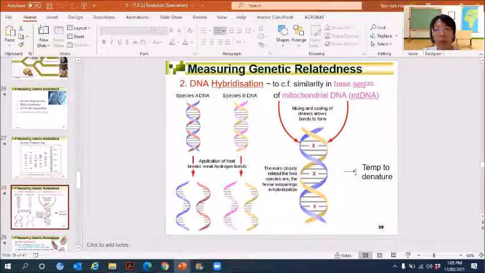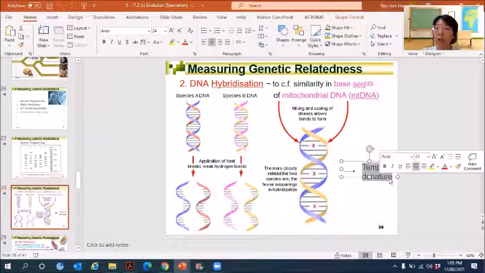And the next step is we do a temperature denaturation. That means we subject this DNA to heating, to high temperature, slowly increasing the temperature to see what is the temperature that's needed to denature this DNA.